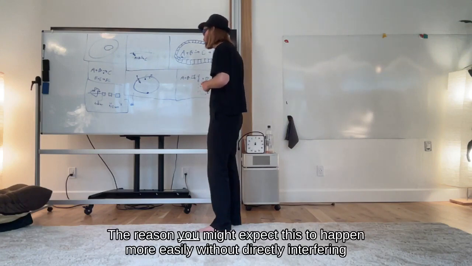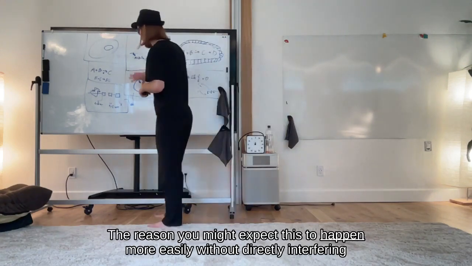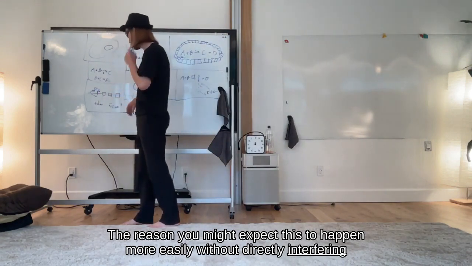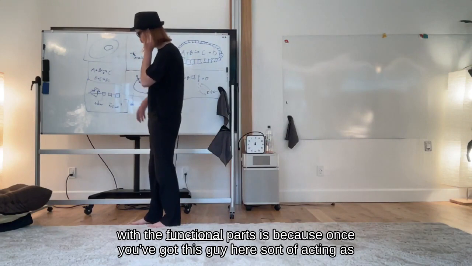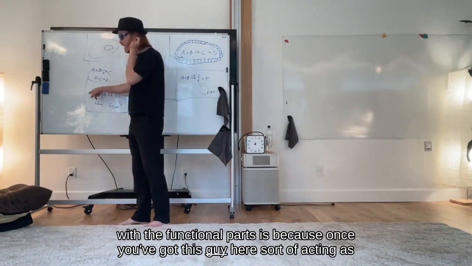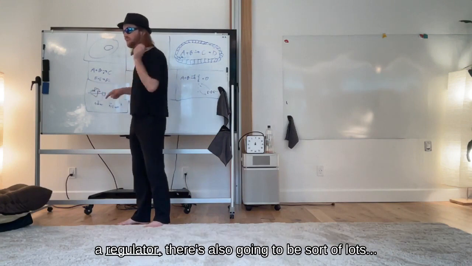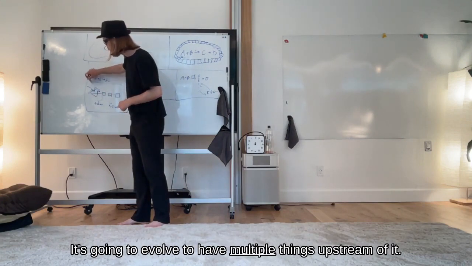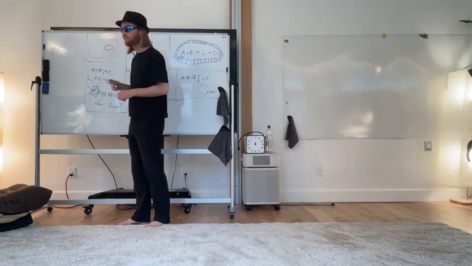The reason you might expect this to happen more easily without directly interfering with the functional parts is that once you've got this guy acting as a regulator, it's going to evolve to have multiple things upstream of it.